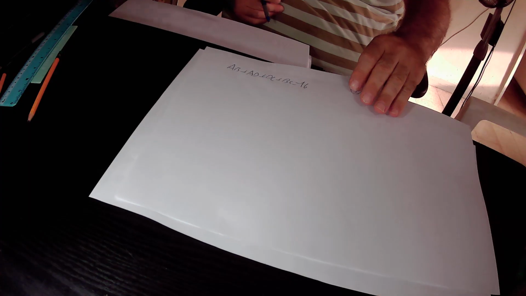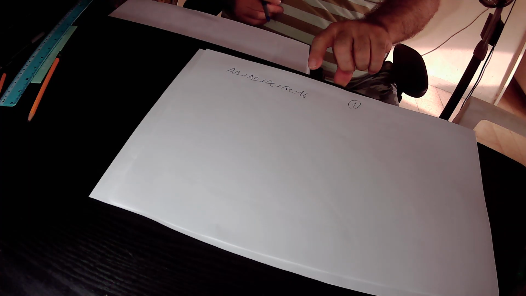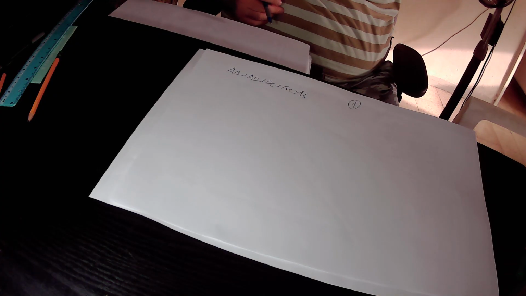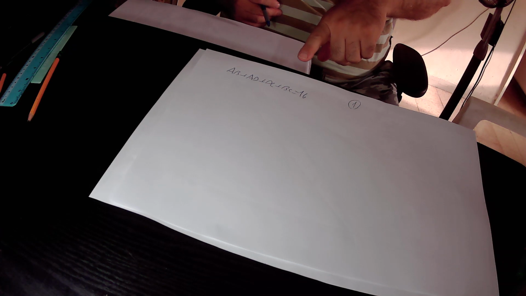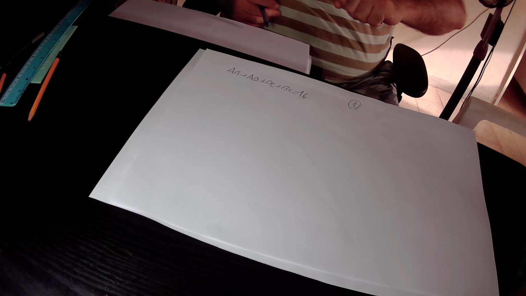Again, the perimeter of a trapezoid is the sum of the lengths of all the sides of trapezoid ABCD. That is to say, it is AB plus AD plus DC plus BC is equal to 16 units.